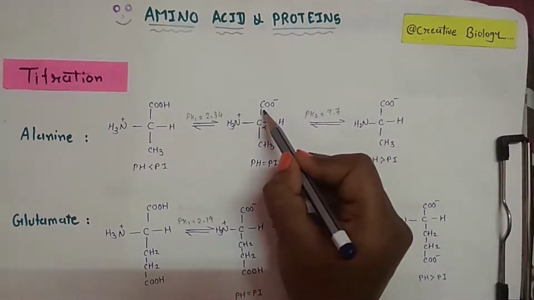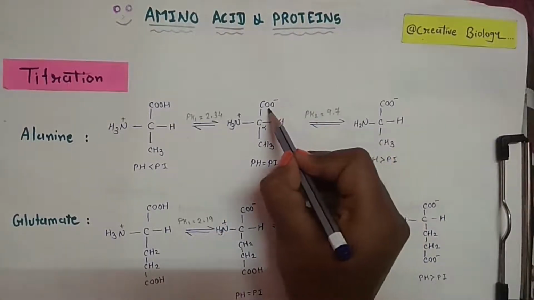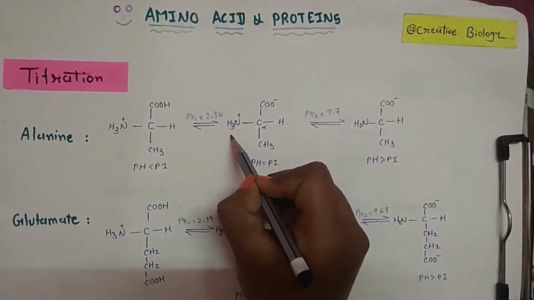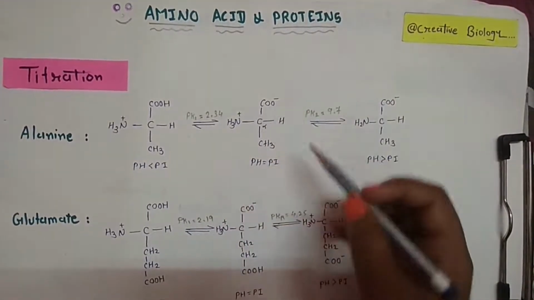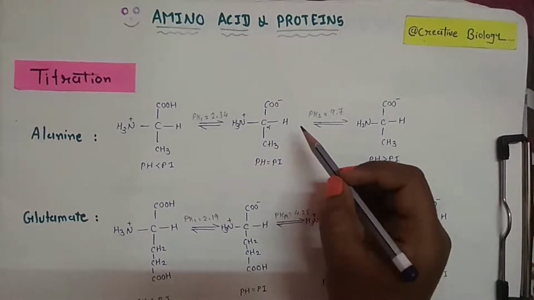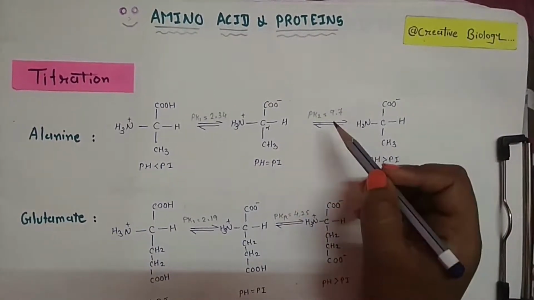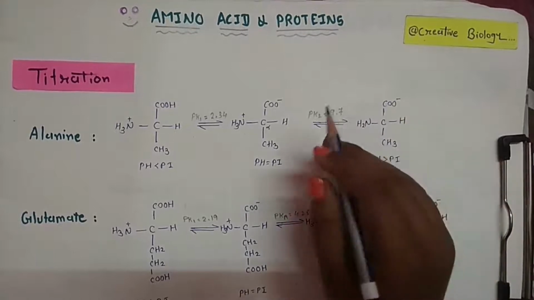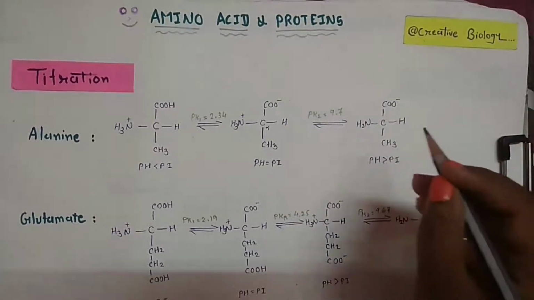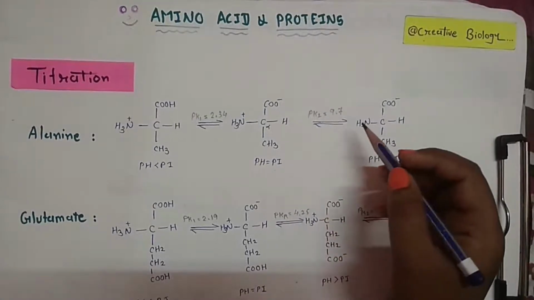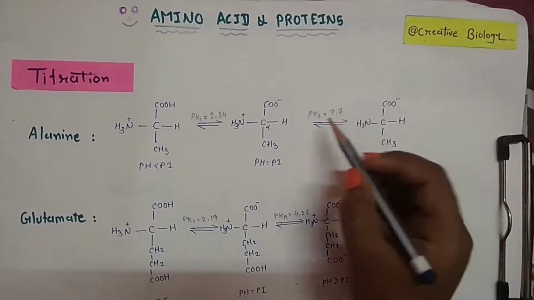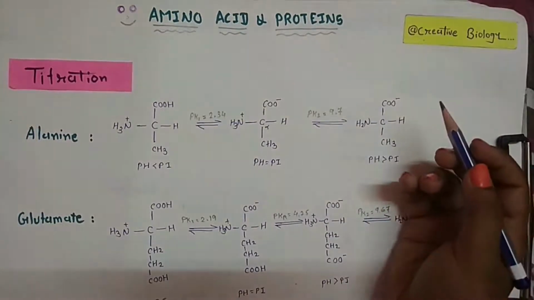So in the simple amino acid, there is a COOH and an NH2 group that have ionization capability. Before going on to titration, we first need to understand the term Zwitter ion, which I already explained in my first video. If you haven't seen that, just go and check out that video.